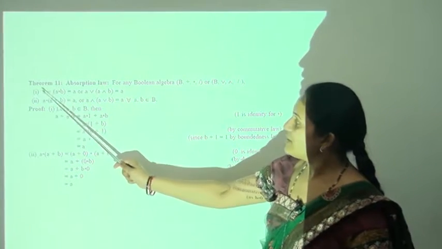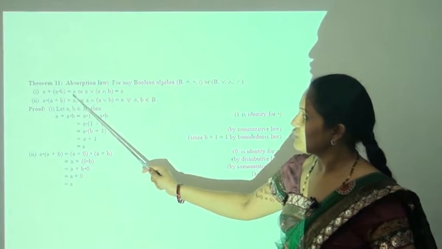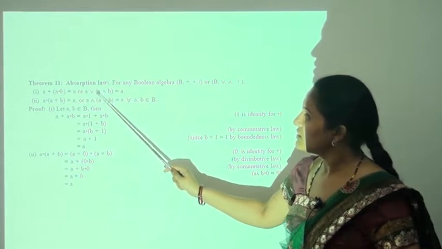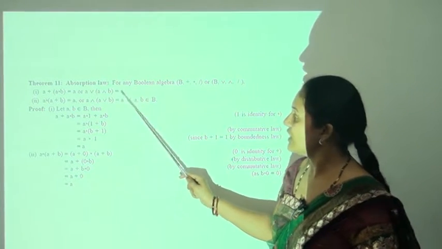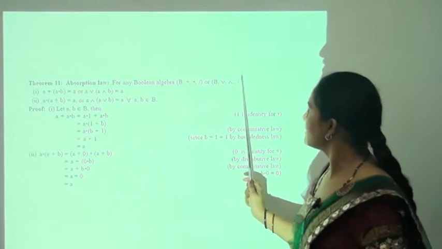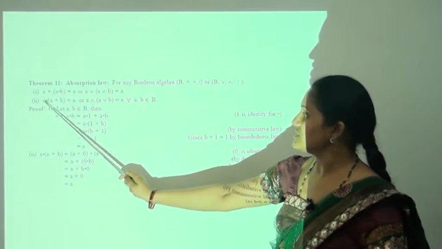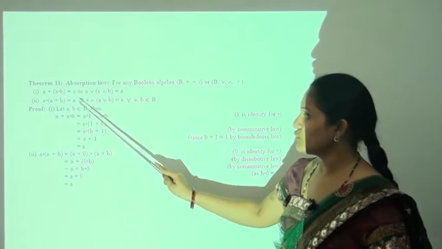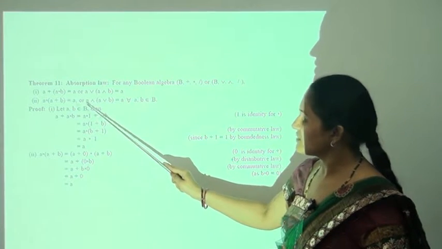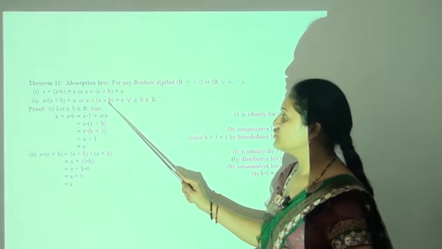So A plus A dot B is equal to A, or A join A meet B is also A. These are the values for these two sets. Similarly, the second condition is A dot A plus B equal to A, or we can also say A meet A join B equal to A.